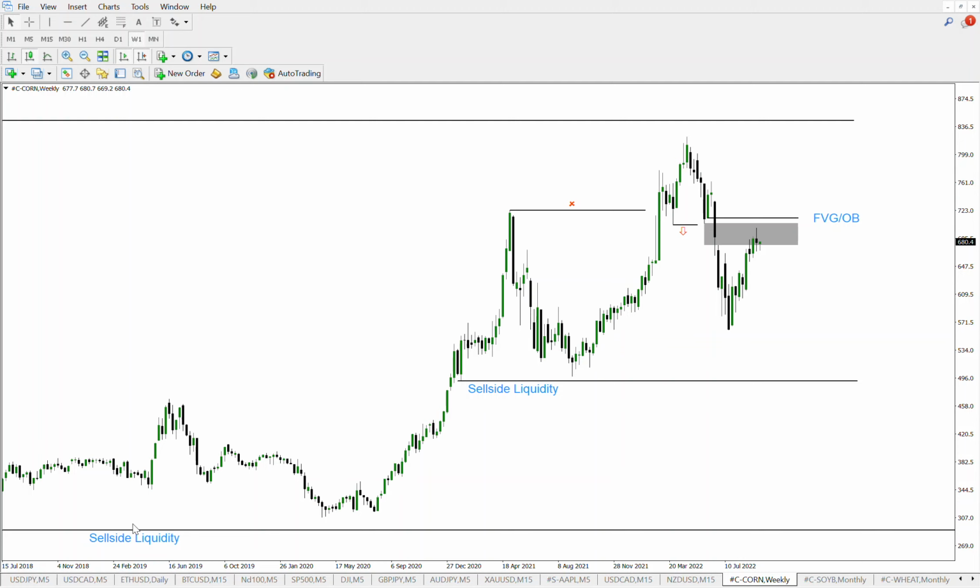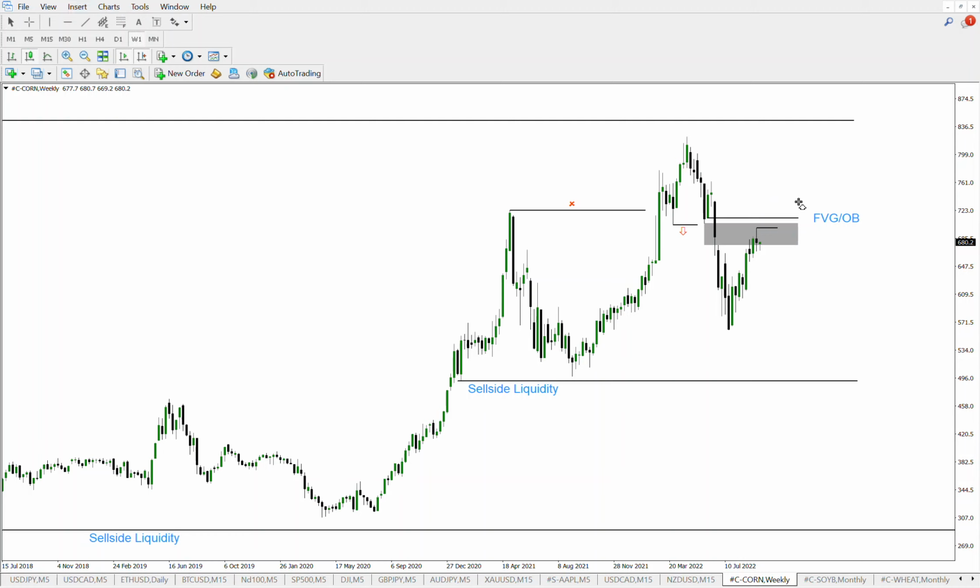So going into Wednesday, I'm going to be looking for potentially a run on this high to then go short. So if price wants to come up one more time, hit this order block, and then start to move lower, that would be ideal.